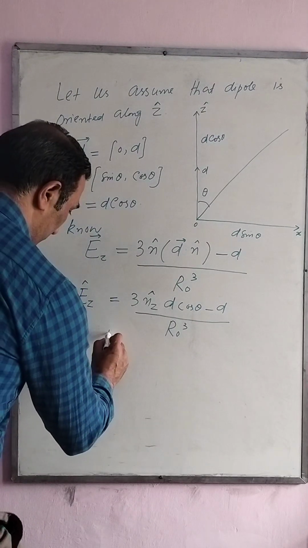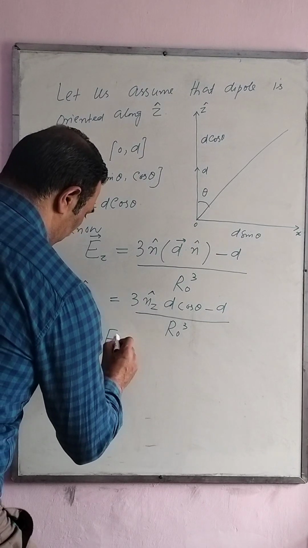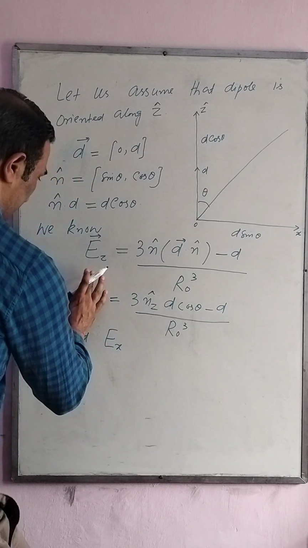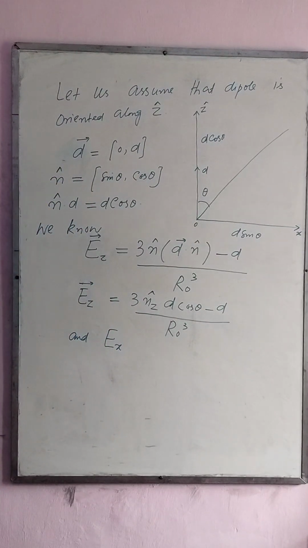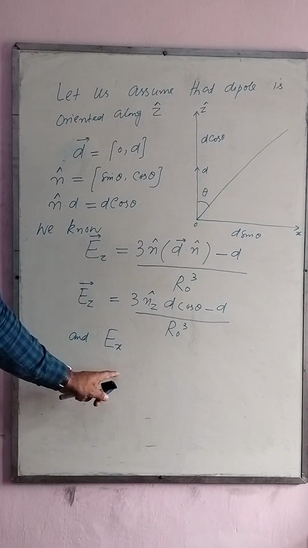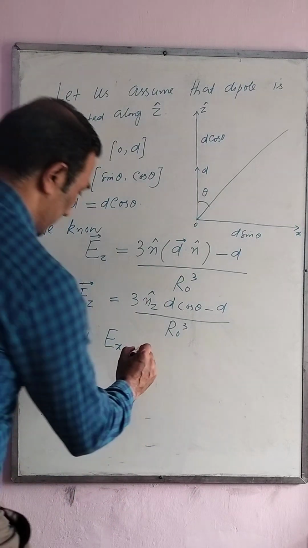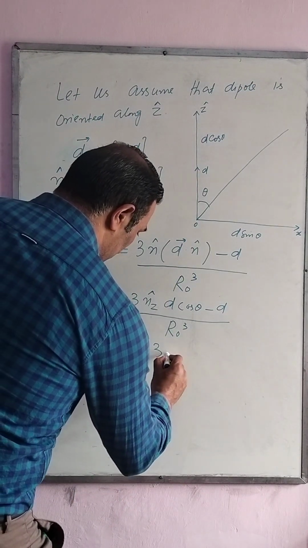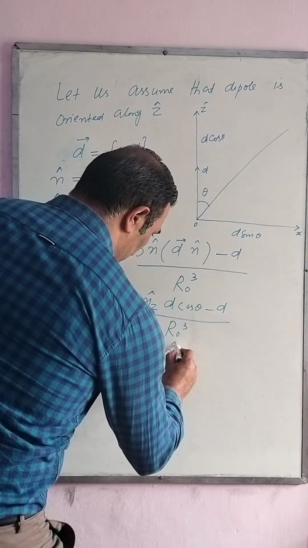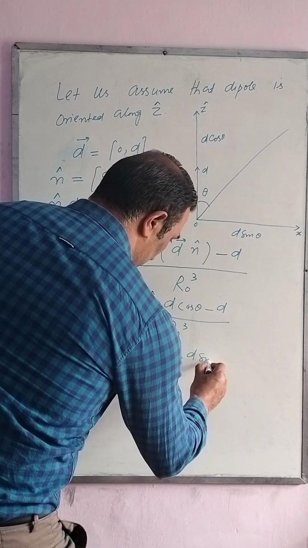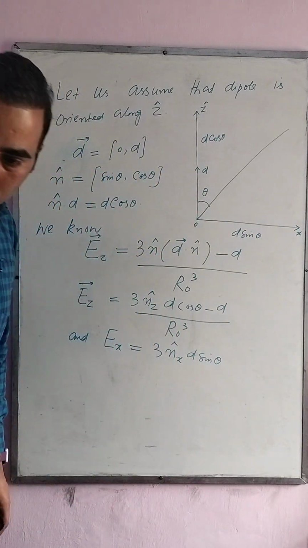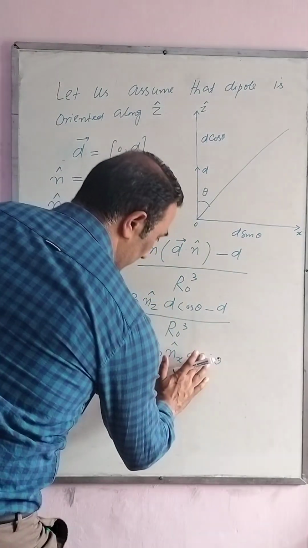And if you want to calculate now the electric field along the x component, so if you want to calculate this field, the x component of this electric field intensity, so that will be 3 nx d sin theta, sorry, d cos theta.